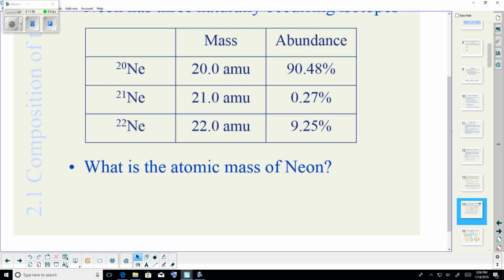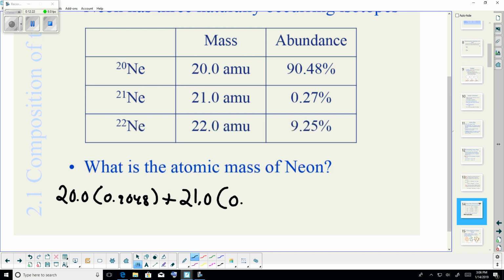So there would be 20.0 times 0.9048 plus 21.0 times 0.0027 plus 22.0 times 0.0925. Whatever that comes out to be.